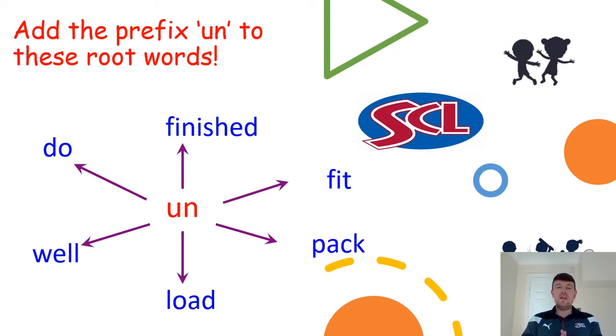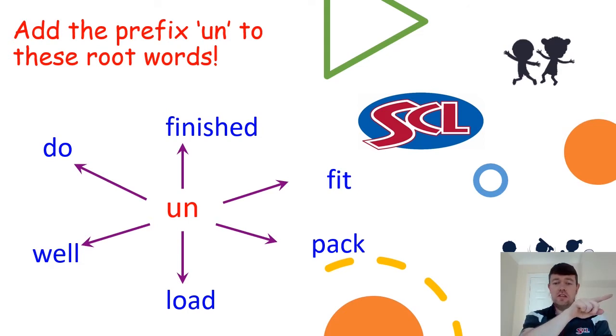So what I would like you to do now is take your pens, your pencils, your crayons, your felts, whatever it is that you're going to write with, and write each of these words. So finished, fit, pack, load, well, and do. Now it doesn't have to look like a spider diagram. You can write it as just a list going down your paper.